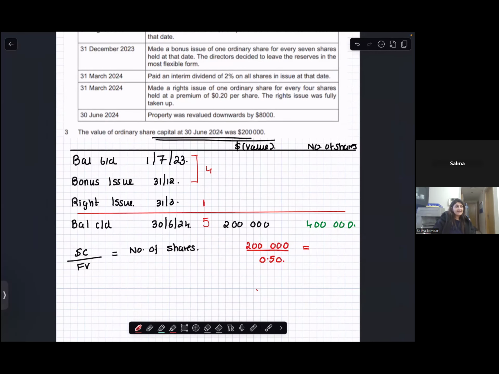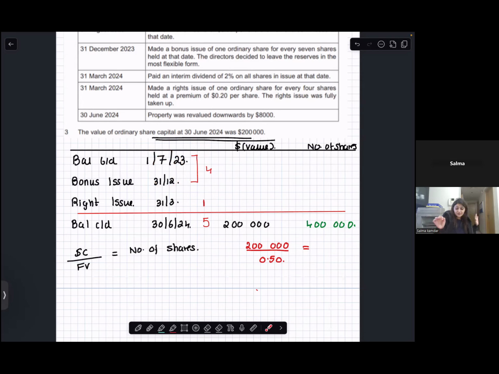Okay. Now I can find my right issue because I have a clear thing. 4 held. 4 held includes the opening balance and bonus issue, which I don't know. Do I know or I do not know? You don't know. But can I make this combined as shares held before the right issue? Can I make this combined as share held before the right issue?